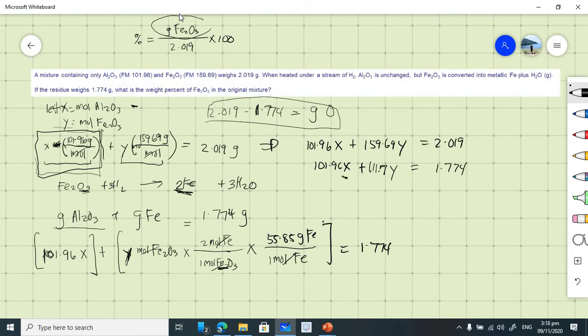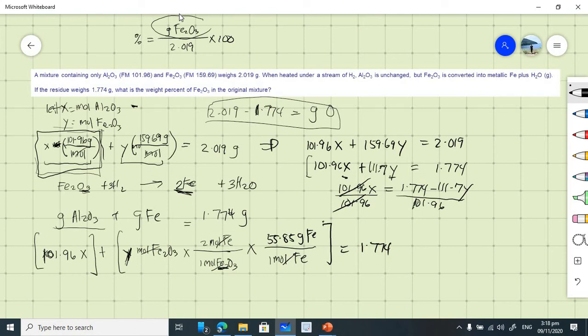Now, you now have 2 unknowns and 2 equations. So, you can just use algebra. Let's use the second equation. So, 101.96x is equal to 1.774 minus 111.7y. Okay? So, dividing by 101.96, this will give you x. So, this is the value of x.